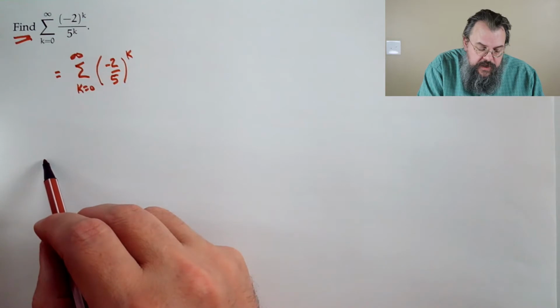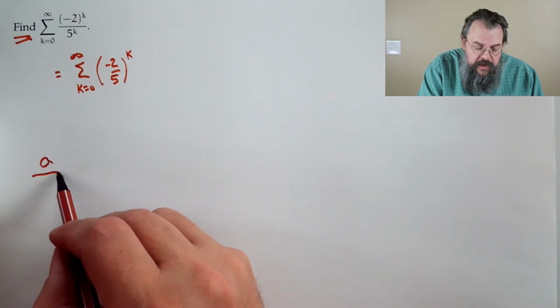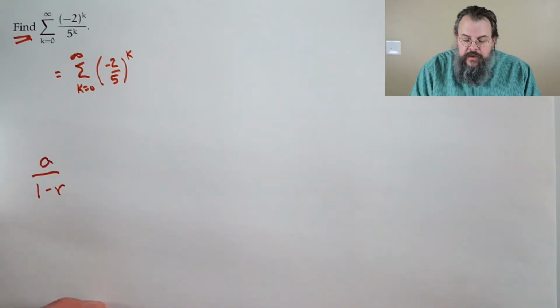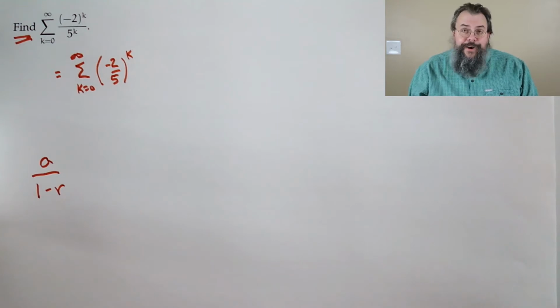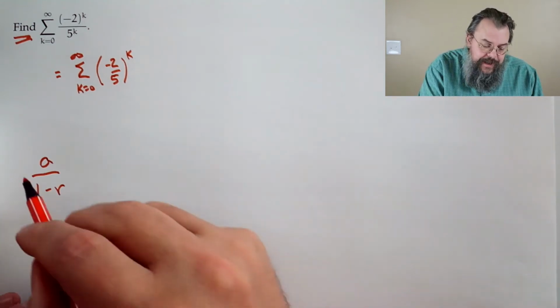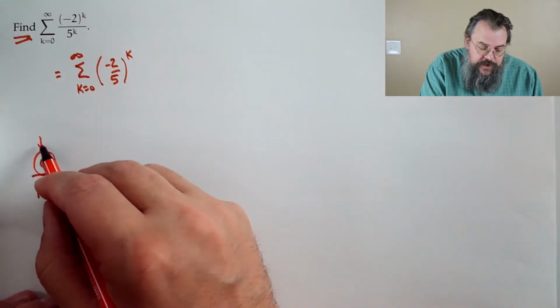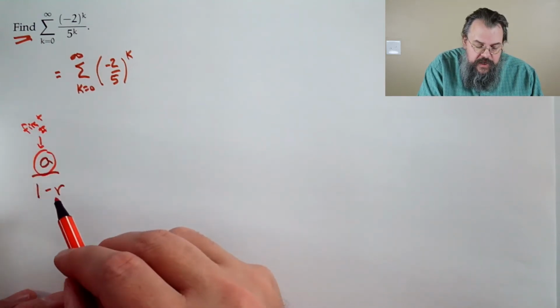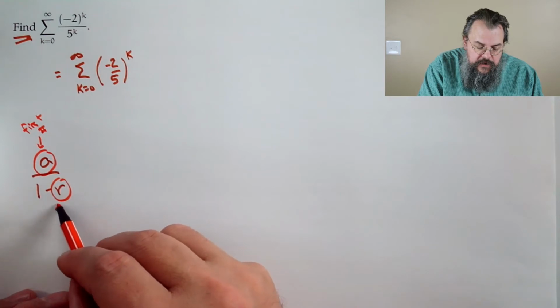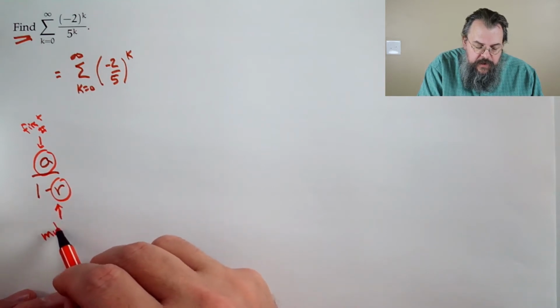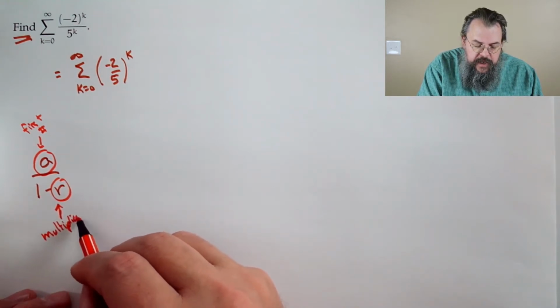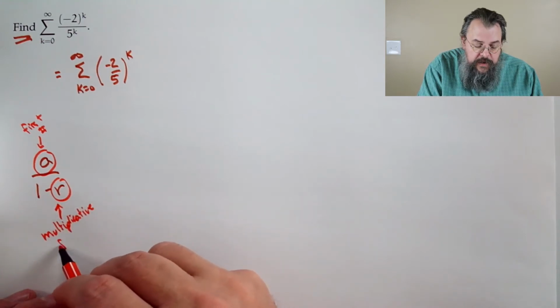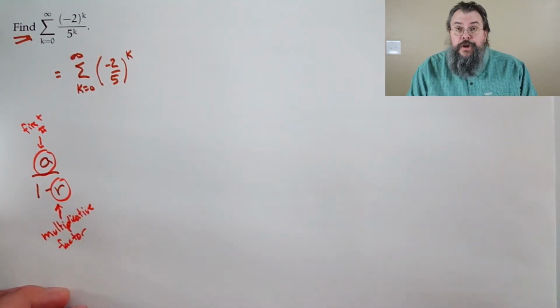Remember, the sum of a geometric series is a over 1 minus r. Now, what are a and r? A is your first term, and r is your multiplicative factor, what you're multiplying by at every step. So once we have these two pieces, we're good to go.